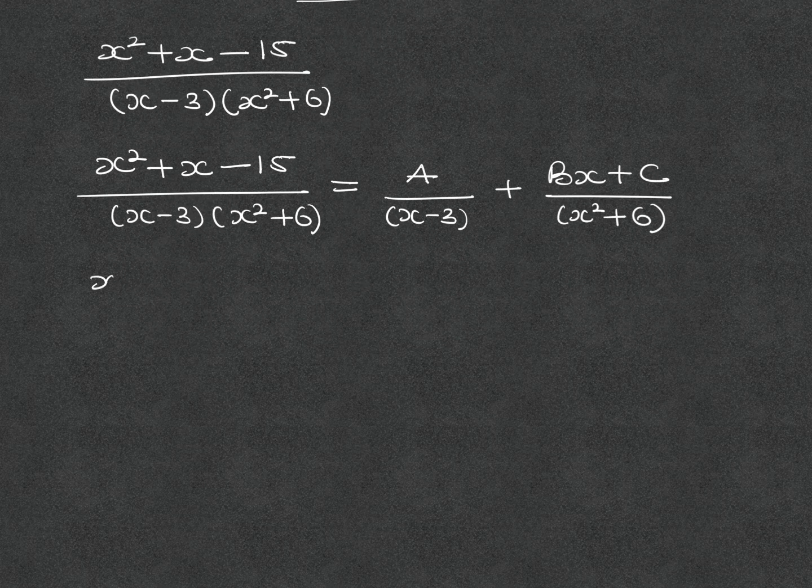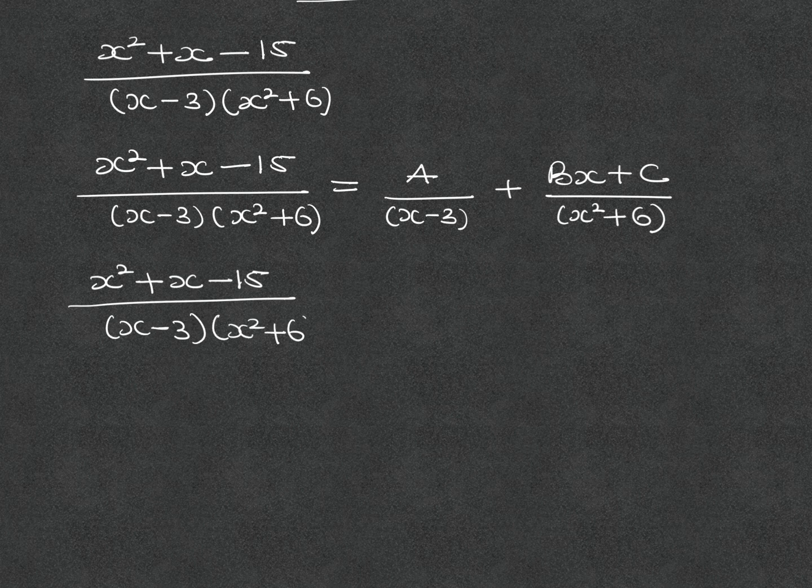We'll have x squared plus x minus 15 all over x minus 3 into x squared plus 6, equal to a all over x minus 3 plus bx plus c all over x squared plus 6.